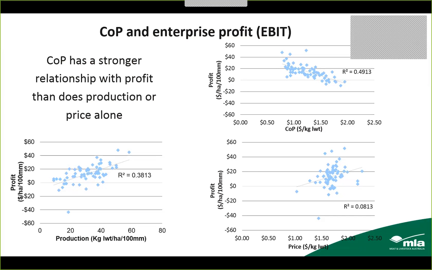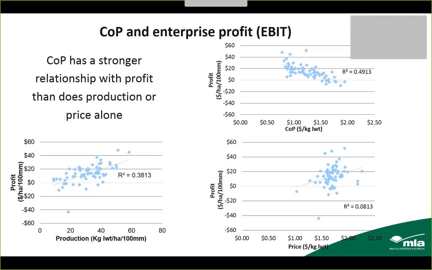So the relationship between price and profit is shown in the graph on the bottom right-hand side as you're looking at this slide. The relationship between price and profit's got a fair degree of variation.